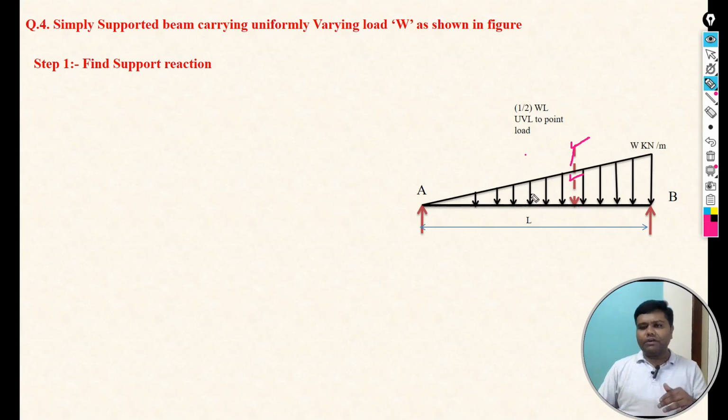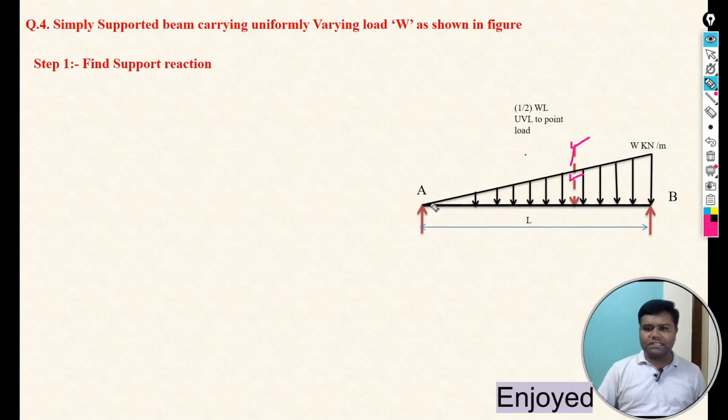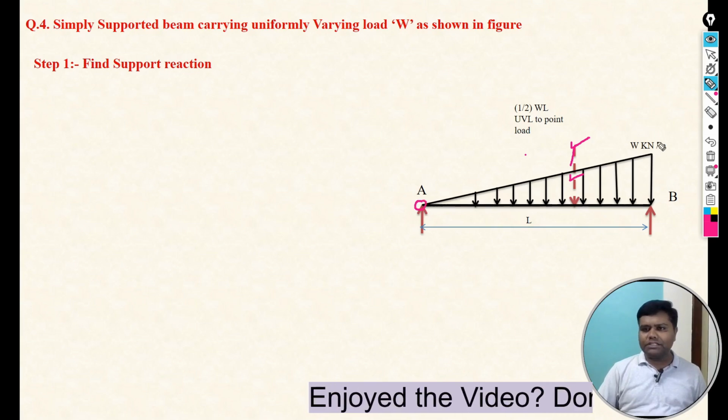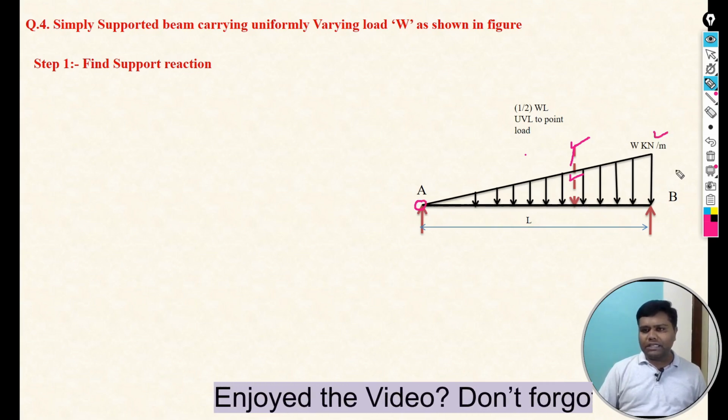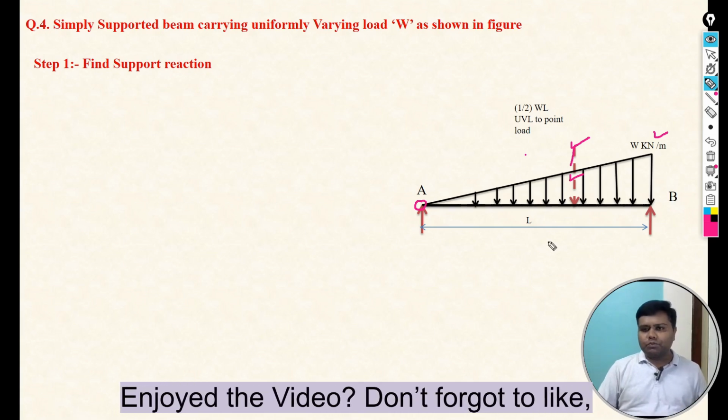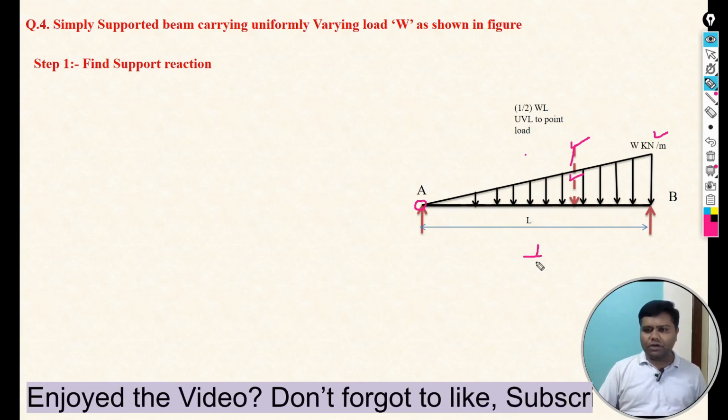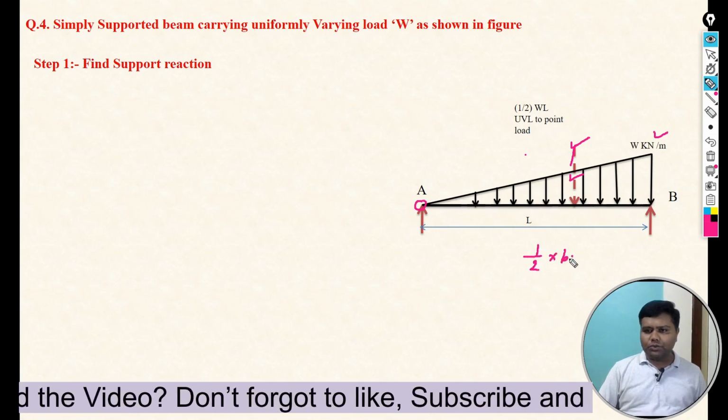While converting UVL to point load, we just have to take the area of that portion. Here we can see the intensity at point A is 0 and the intensity at point B is W, and the loading is triangular. So the formula for the triangle is 1/2 base into height.